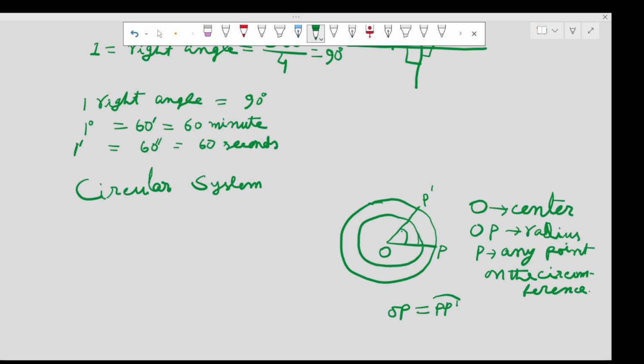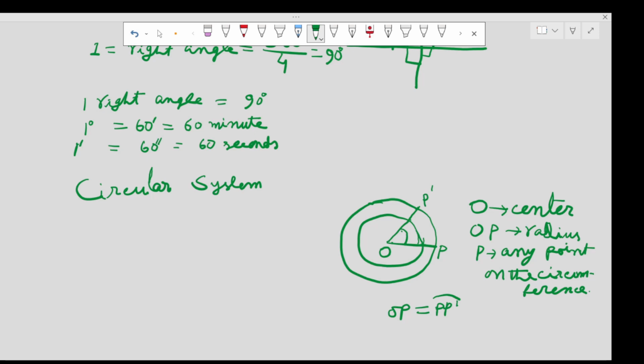Now see, the angle is the same, the radius is changed, and so is the arc. But if anyone measures the radius and the curve length made by this angle, it will always be seen that the distance from O up to here and this curved distance are equal. So this is independent of any circle. What is independent is the angle made by two radii whose arc length is equal to the radius.